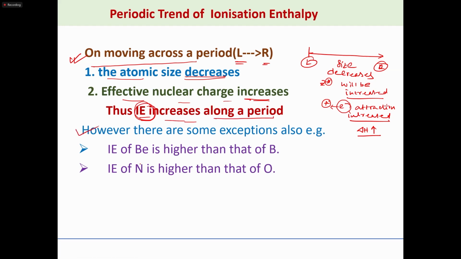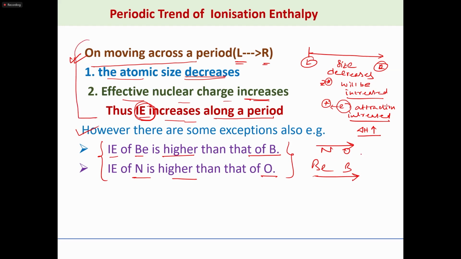Second thing, there are two exceptions: the ionization enthalpy of beryllium is higher than boron, and the ionization enthalpy of nitrogen is higher than oxygen. We go in the order nitrogen, oxygen, and beryllium, boron, but there is an exception.